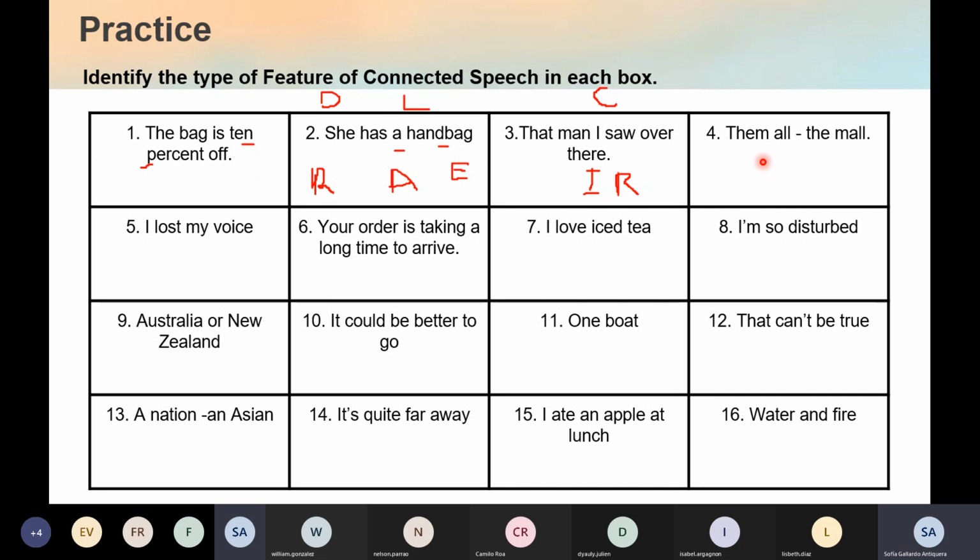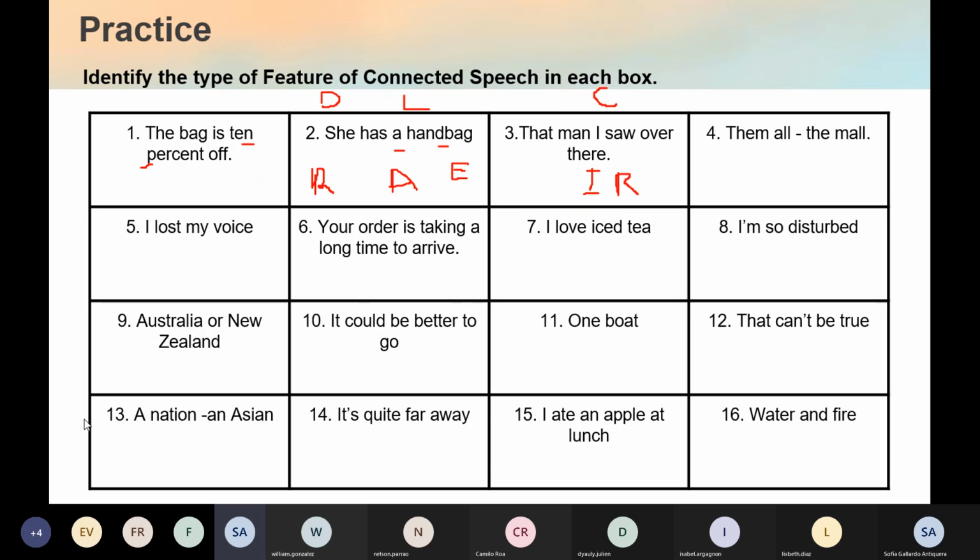Any ideas? You can write in the chat box if you don't want to speak, but I will be checking the chat box as well. Try to guess. The original two words are "them all," but in rapid speech we would say "the mall."